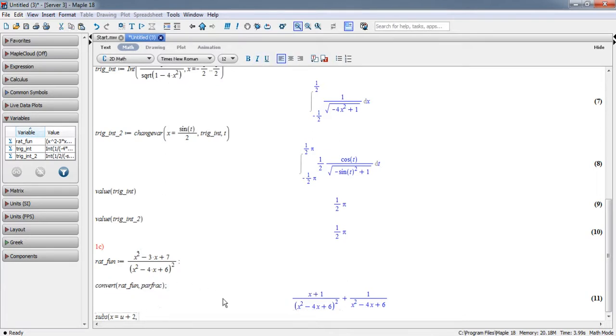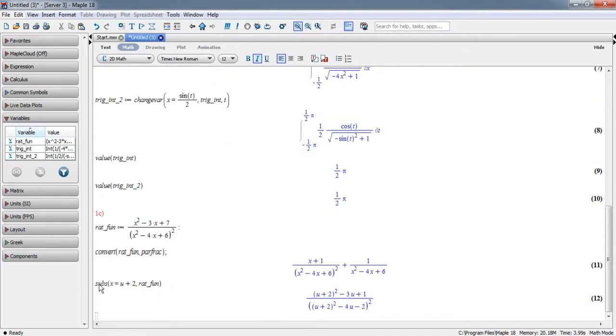In fact, let's look at u plus 2. x is equal to u plus 2 inside of my rational function first, and this maybe will help show you why I'm picking the way I am. Not quite yet.